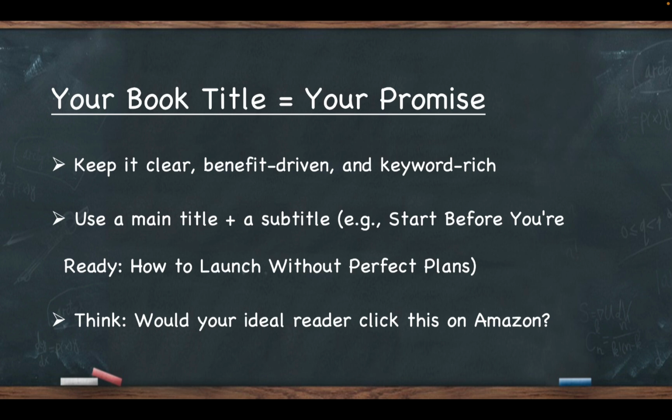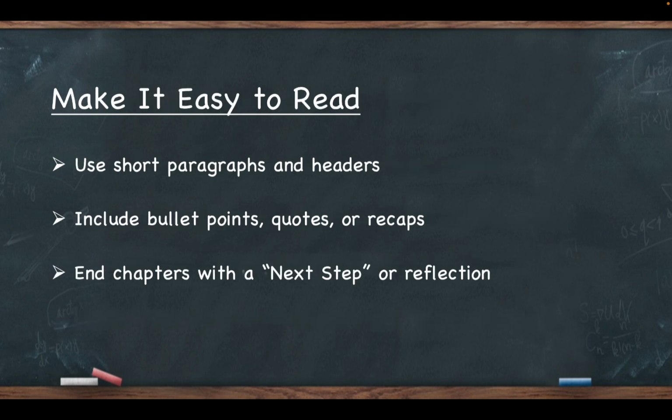Does your ideal reader have the time to get curious? Does your ideal reader like mystery? Do you understand? So things like that should guide you when you're trying to pick out a book title.